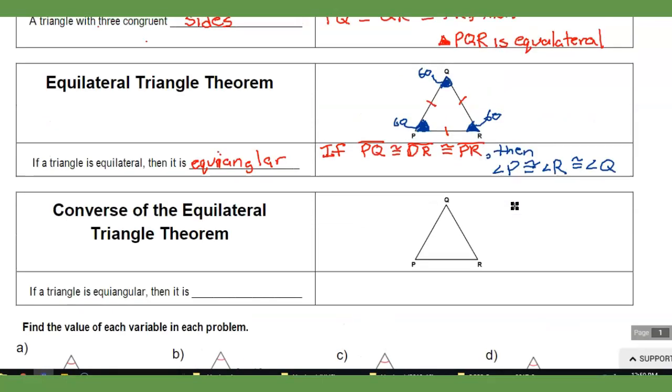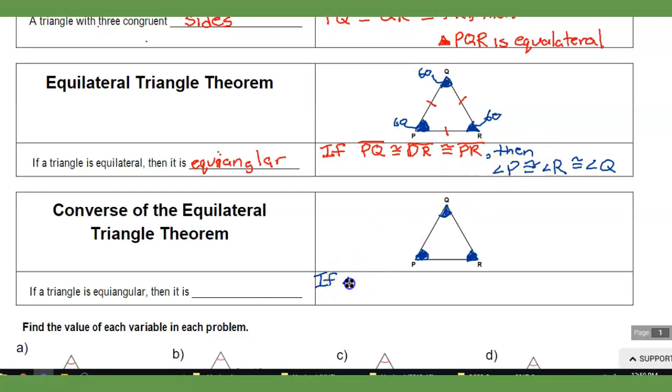And much like yesterday, we also have its converse. So it's the same thing as above, but if the angles are congruent, then the sides are congruent. So it just depends on what information you're given. So we're just going to switch this up.